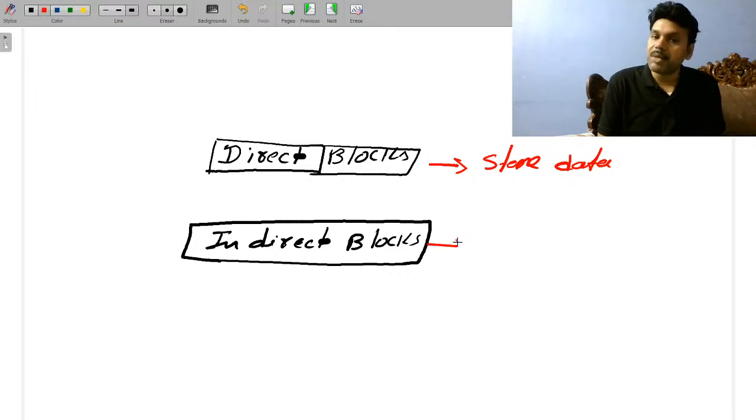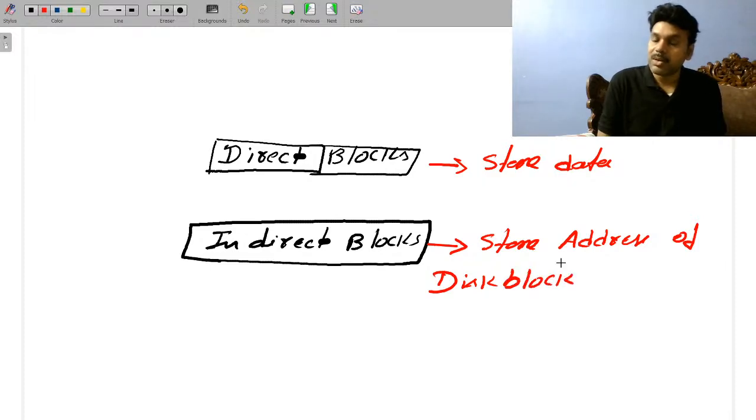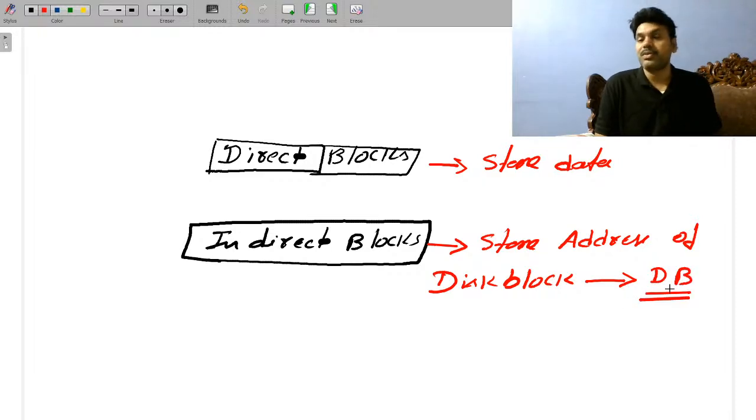When you are talking about indirect blocks, they initially store addresses, addresses of disk blocks. Then from that address we get the exact location of where the data is loaded, the DB.